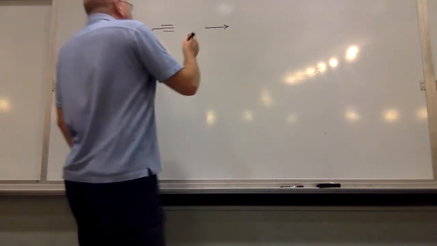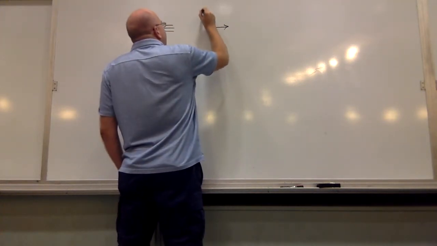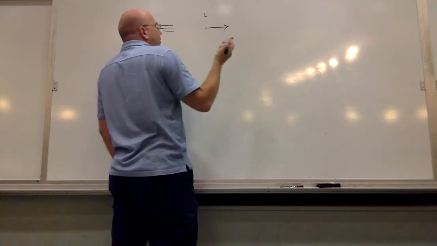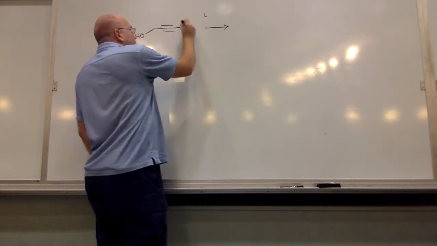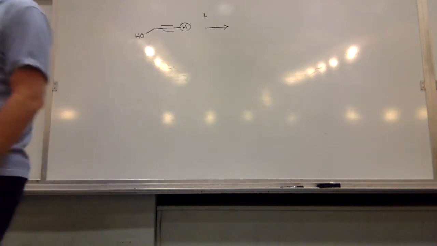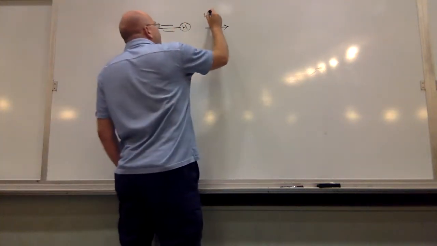For example, let's say that we wanted to do this reaction where we treated this molecule, we wanted to deprotonate this guy here. How do we deprotonate an acetylide? Yeah. NaNH2? Yeah, so we would start with NaNH2.